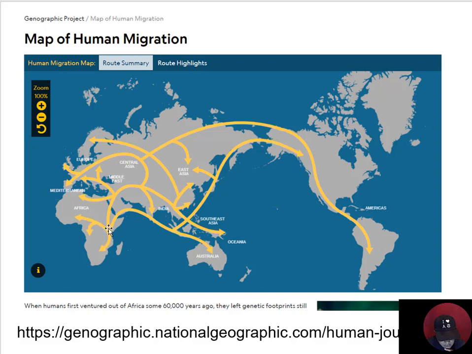Everyone actually started here. And we know that the human species, and that is Homo sapiens that we're talking about, because that's the human species that is alive today.